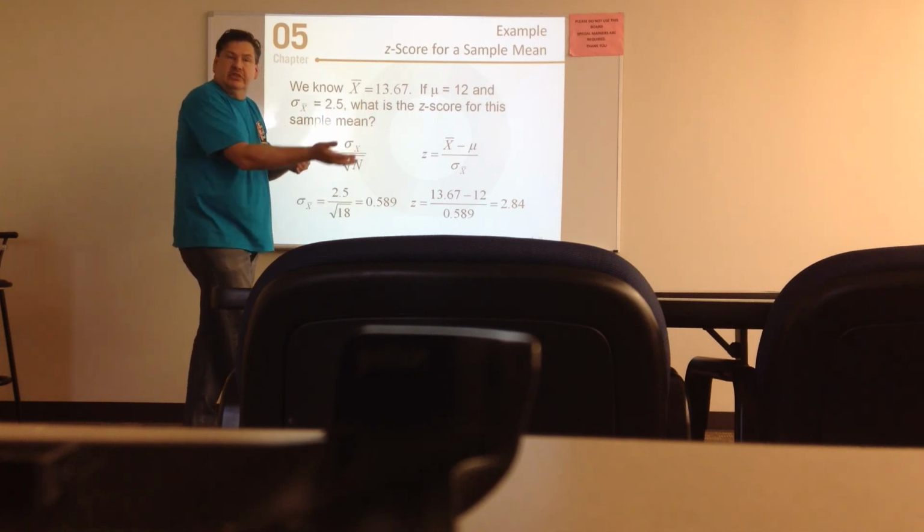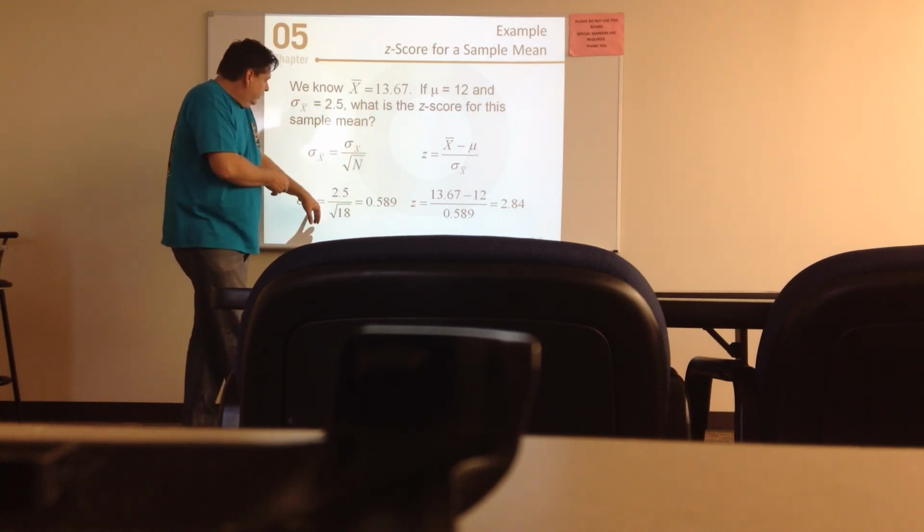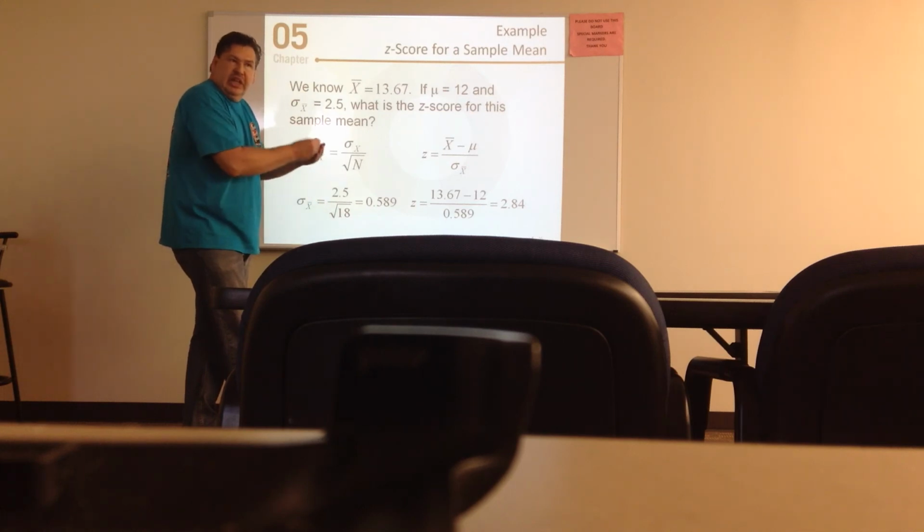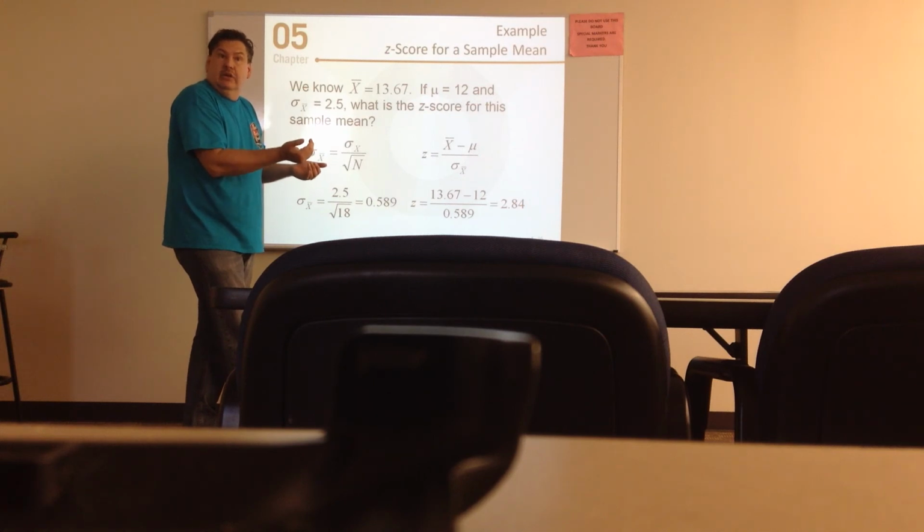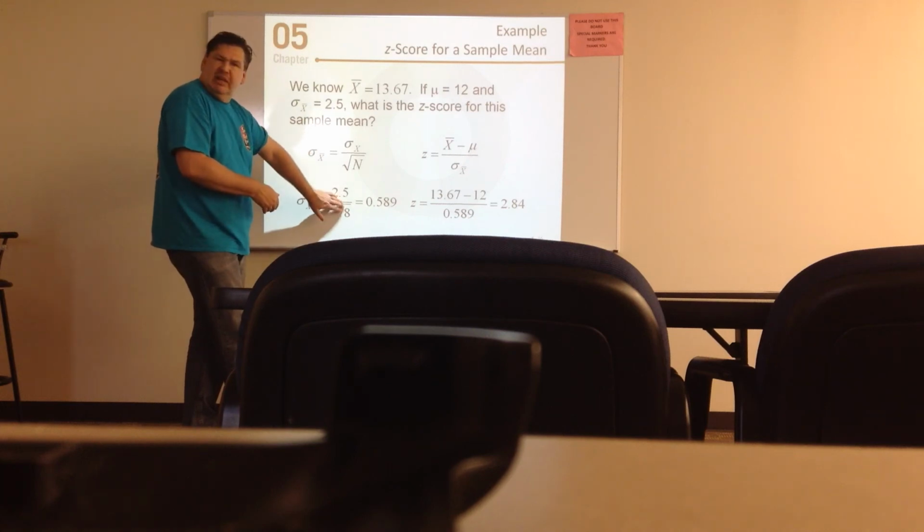It's a standard distance from the mean. But the standard error of measurement is a standard distance of kind of like the mean of error. So if I have 5% error, I've got a standard distance from that particular mean of error. And that's basically what this is.